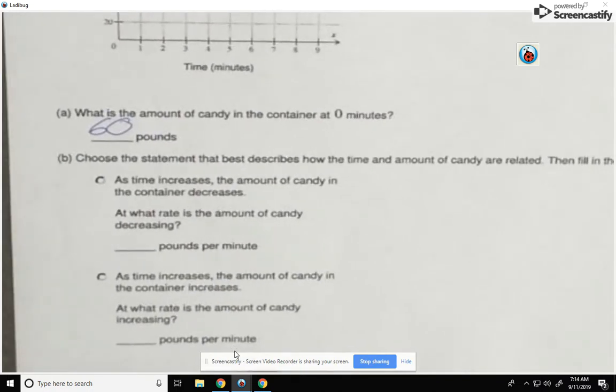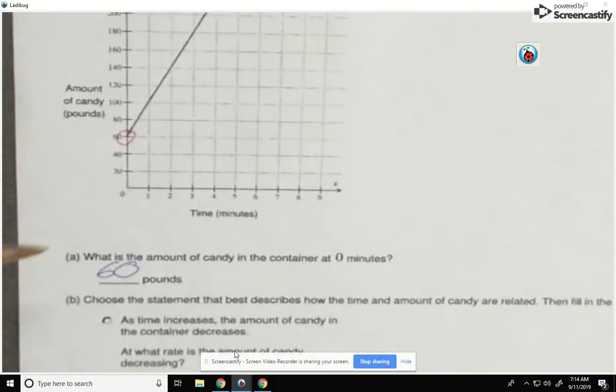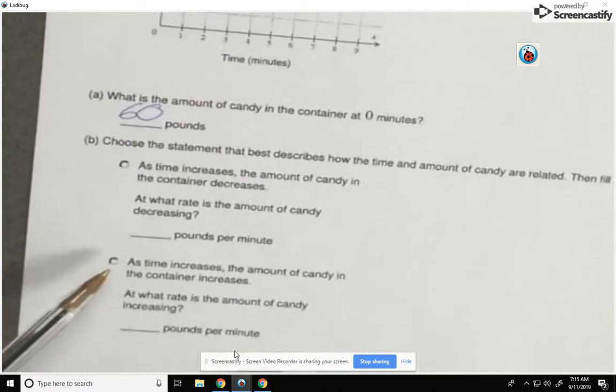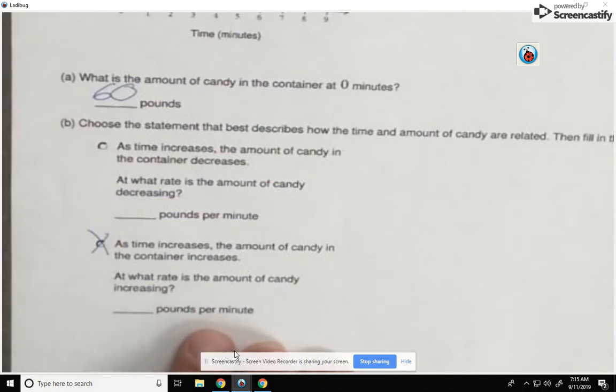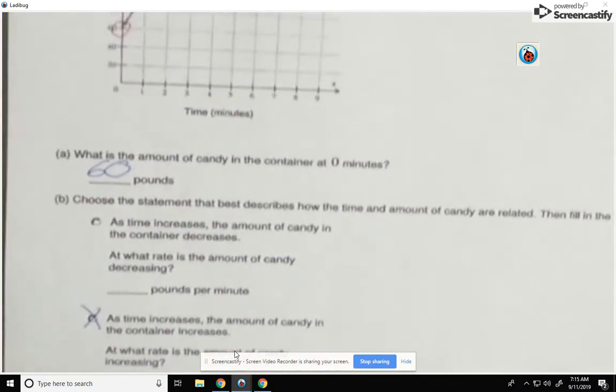Question B asks what statement best describes the graph. If we look at our graph, we can tell that it's clearly increasing. So that's the first part. We know that as it increases, the amount of candy also increases. The second part says pounds per minute. Here, they're looking for our slope.